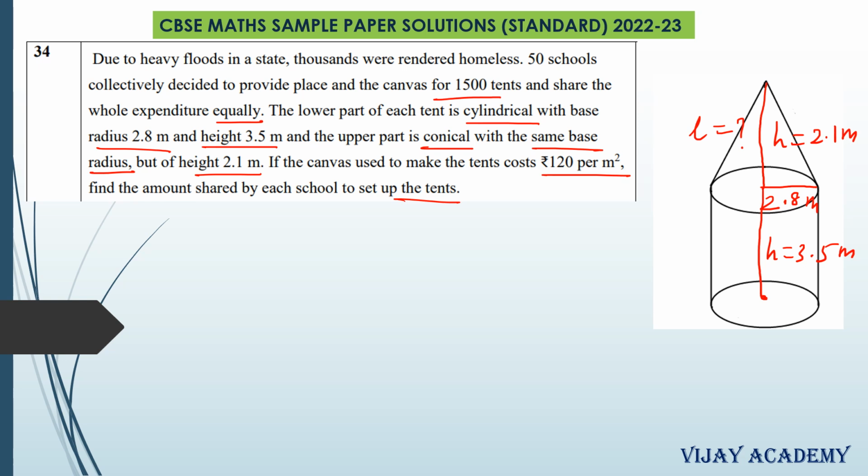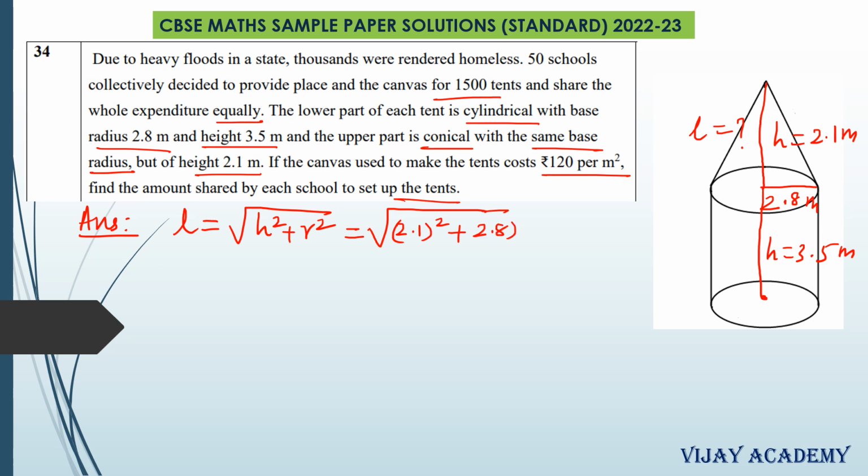So we have the formula to find the slant height, which is l is equal to square root of h square plus r square. So which is square root of height of the cone 2.1, therefore 2.1 the whole square plus 2.8 the whole square.